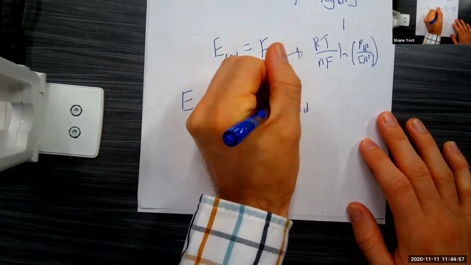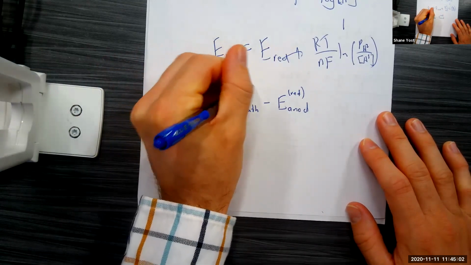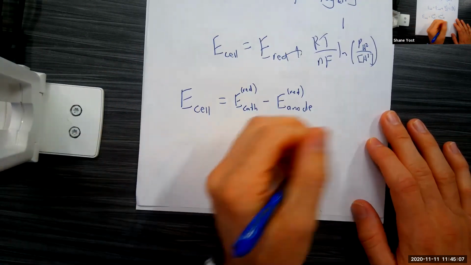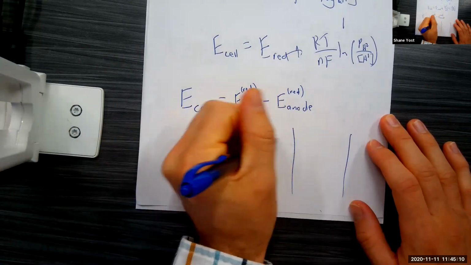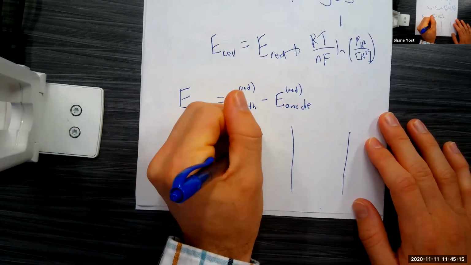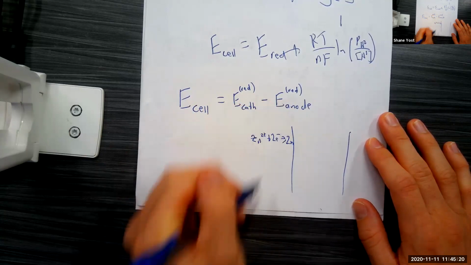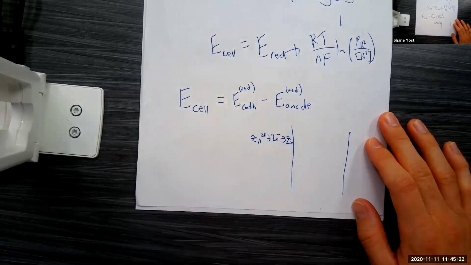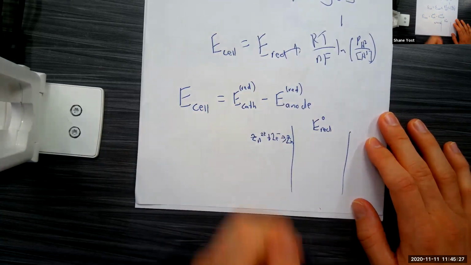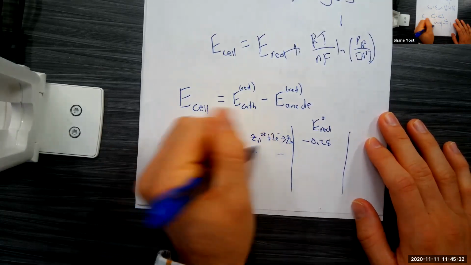We're assuming these are both reduction potentials, because often what you can look up is a chart of electrochemical reactions, like Zn2+ plus 2e- going to Zn, and it will give you the standard reduction cell potential for that reaction, say minus 0.28, and a bunch of other reactions.